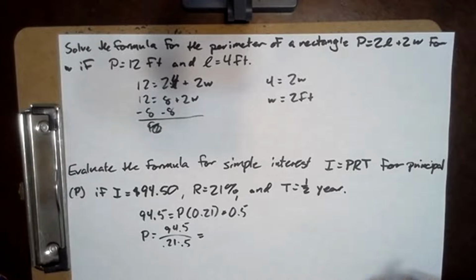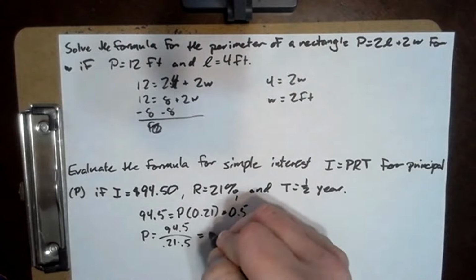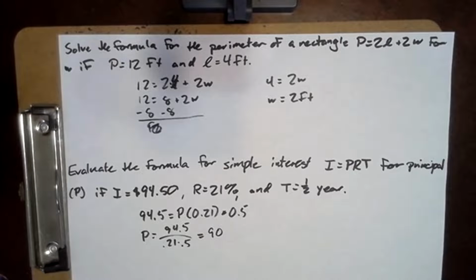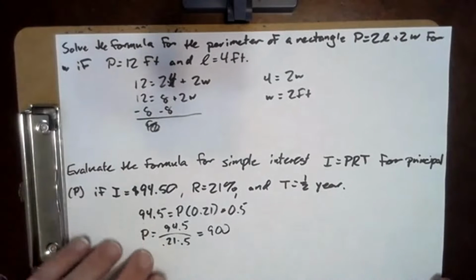And I get P equals 90. That doesn't seem right. 94.5 divided by 0.5, never mind, this is fine. Divided by 0.21. Should actually be 900, not 90. There we go. Our original investment there was $900.